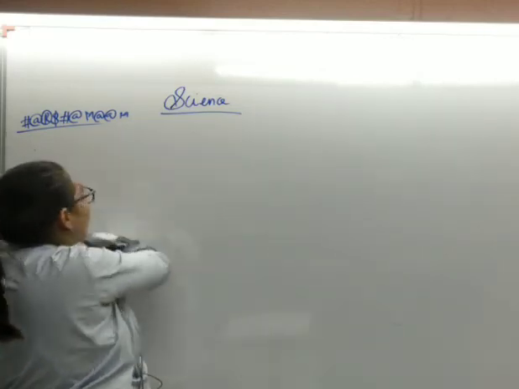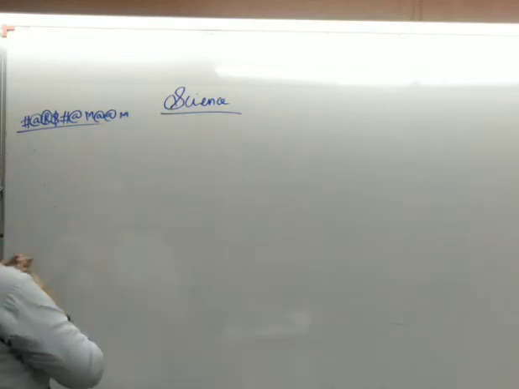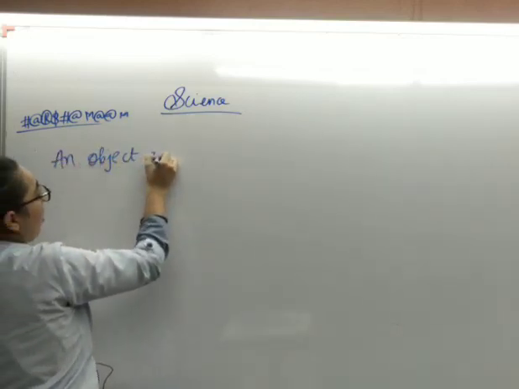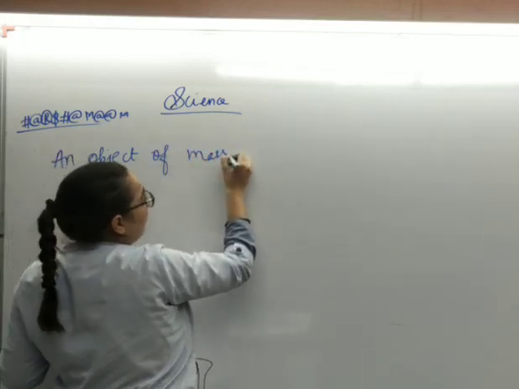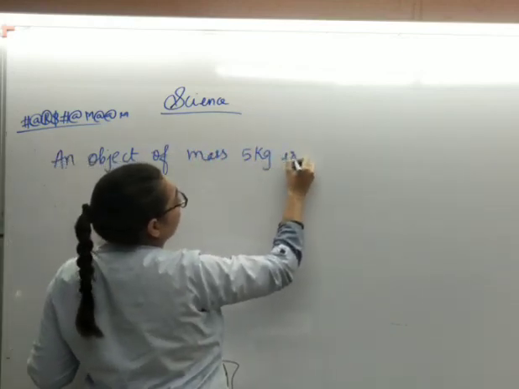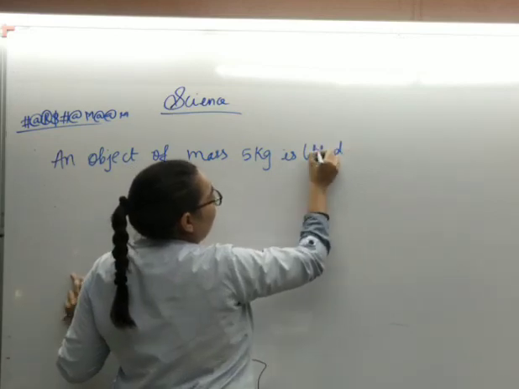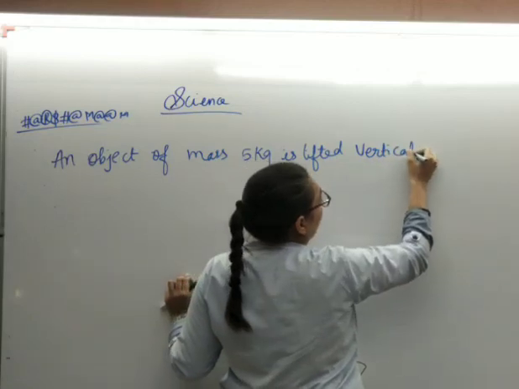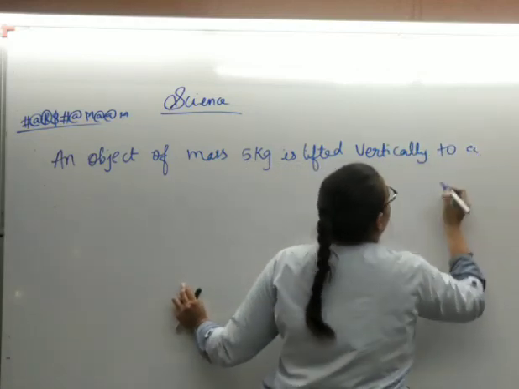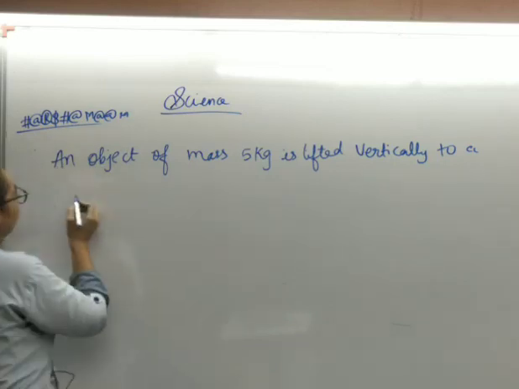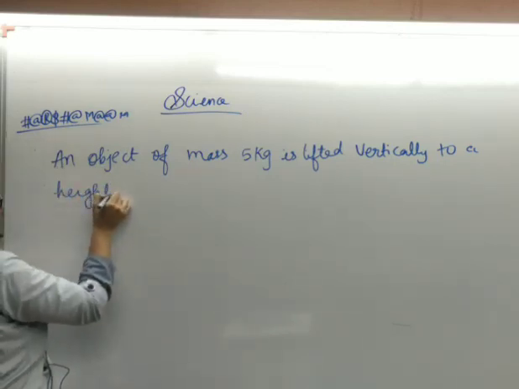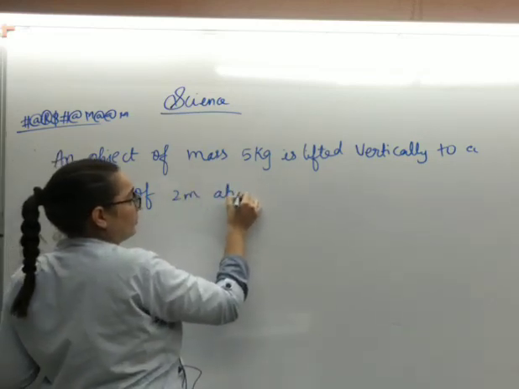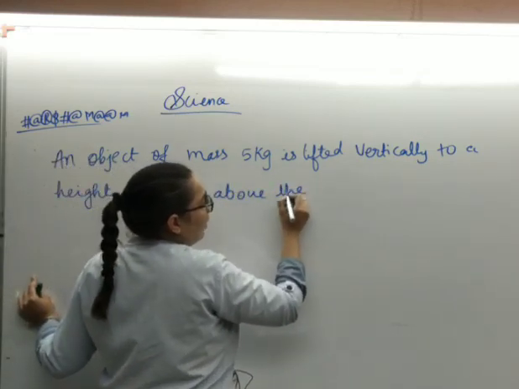It's this way: an object of mass 5 kilogram is lifted vertically to a height of 2 meter above the ground.